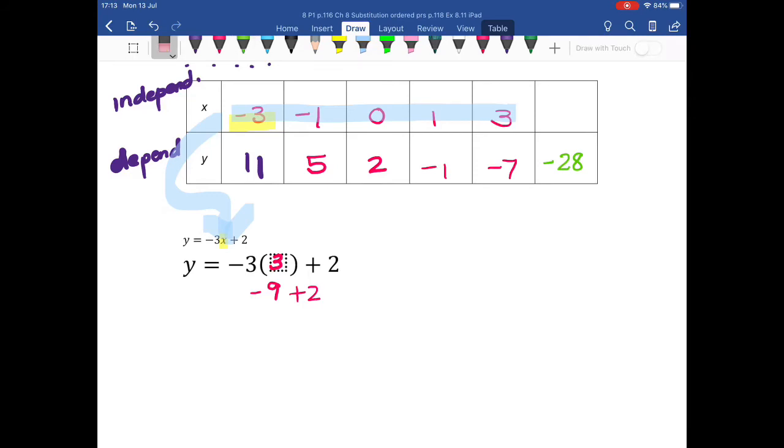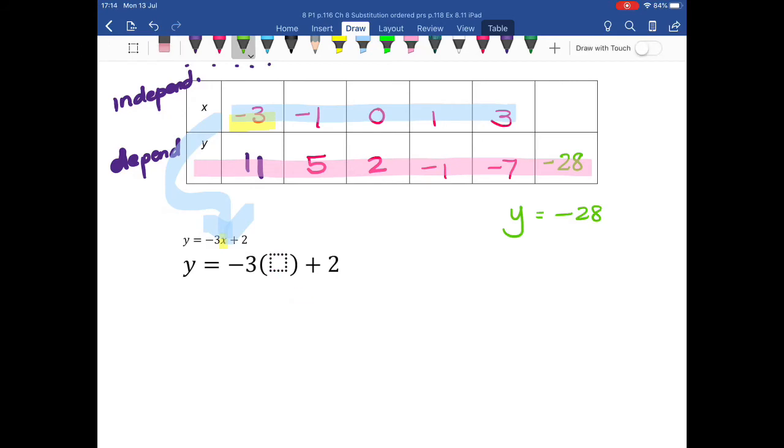Okay, so now I have -28. The -28 is in the y line. So in other words, y equals -28. So I'm going to take my same formula. Just going to rub out here, so it doesn't confuse you.